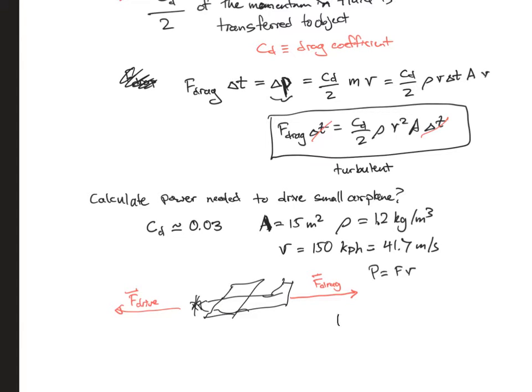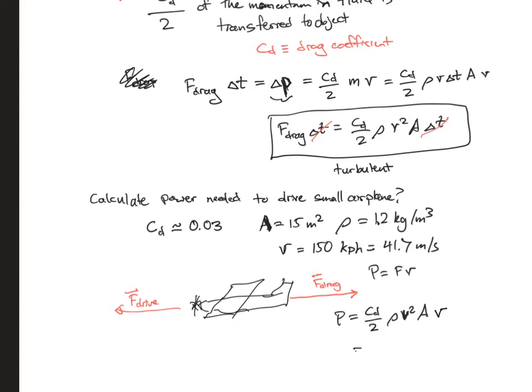So the power would be the drag force, so that's CD over 2 times rho v squared A, times this other factor of velocity.